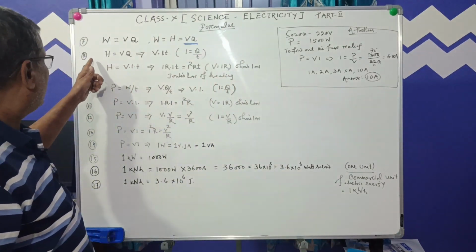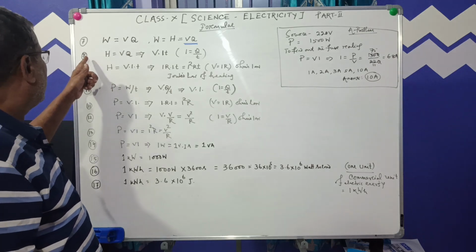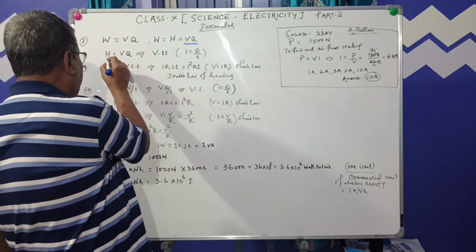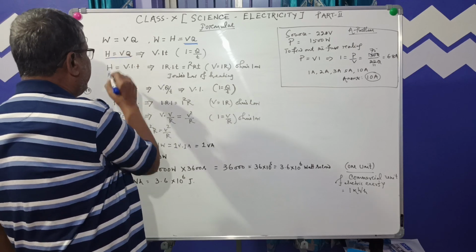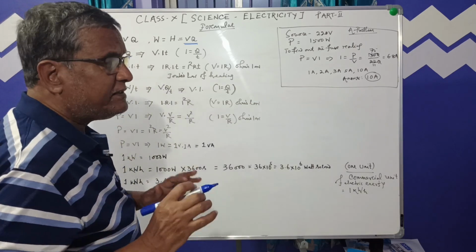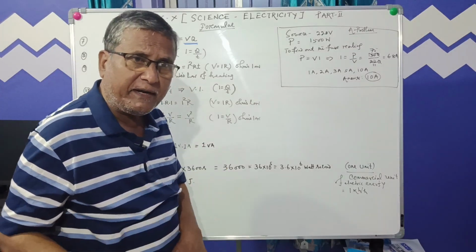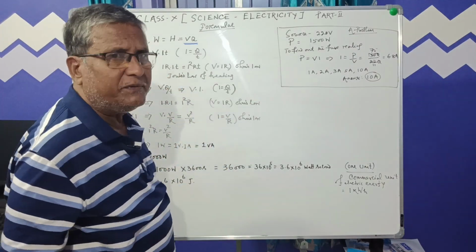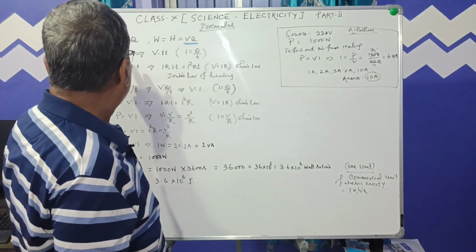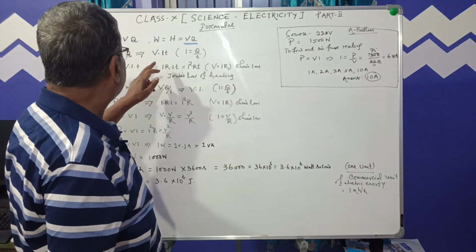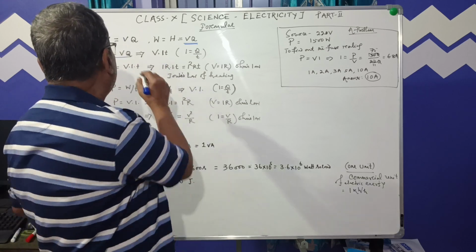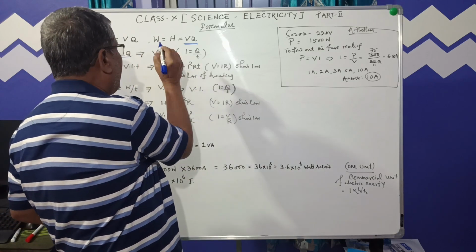Now come to our next formula, formula number 8. So when we got H is equal to VQ, now you see the H is the amount of heat dissipated in the circuit. That is called heating effect of electricity. So let us compare. That implies V into IT. V into Q means V into IT.